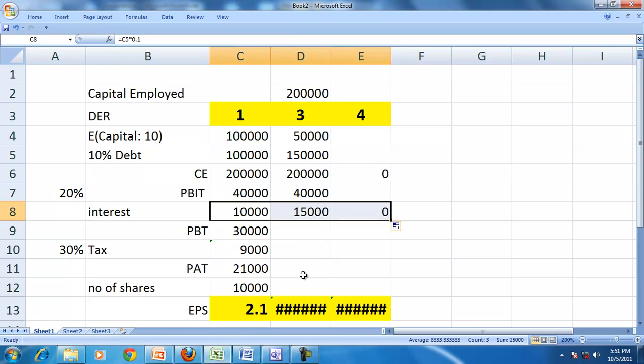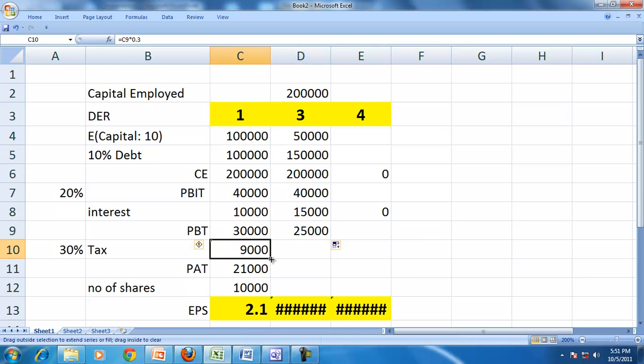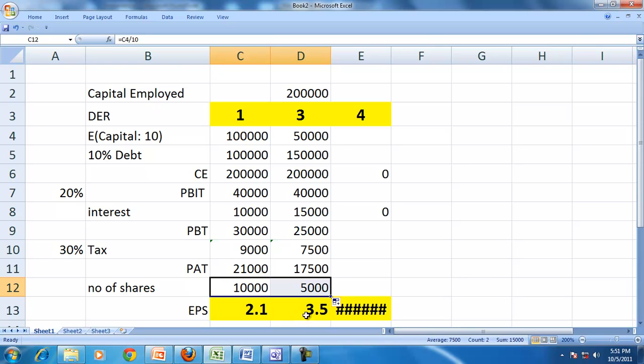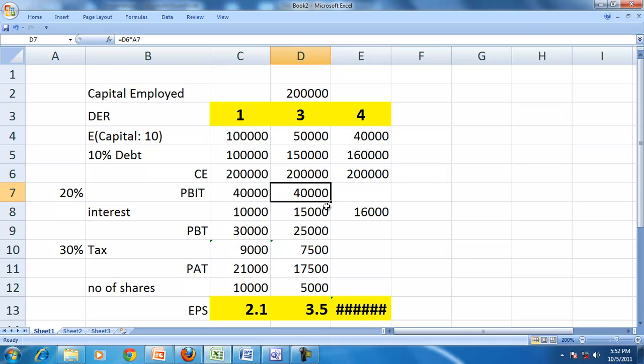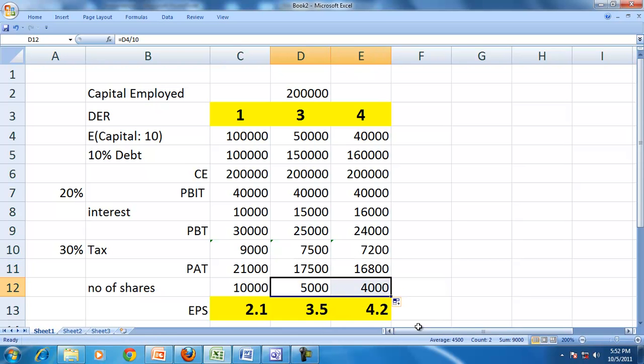Interest depends on the debt amount, so PBT changes, the tax changes, PAT changes, the number of shares reduces, so the earning per share goes up to 3.5. Now if it is 4:1, so 40,000 is the equity and 160,000 is the debt, so PBIT remains same, the PBT changes, tax changes, PAT changes, the number of shares further falls, so EPS rises.